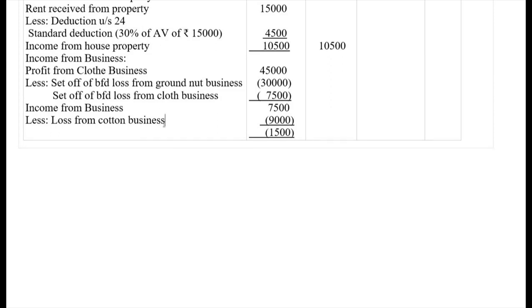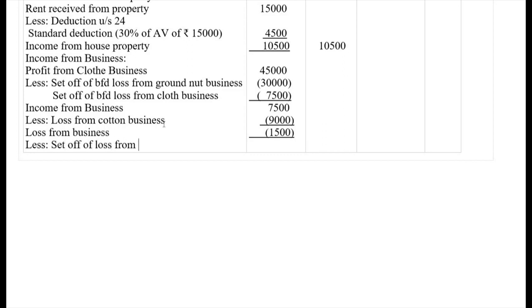So this loss can be adjusted. So loss from business, and this can be adjusted, less set off of loss from business. So here the difference here is 1,500.